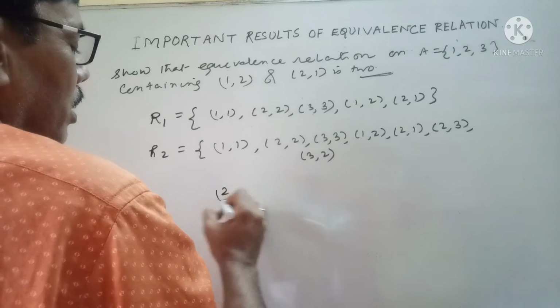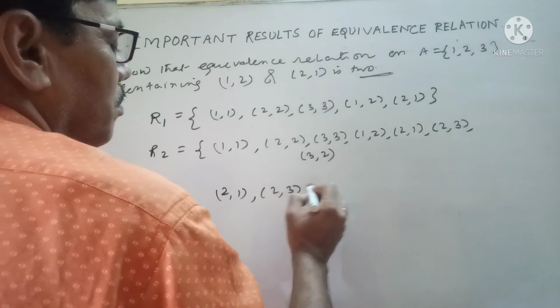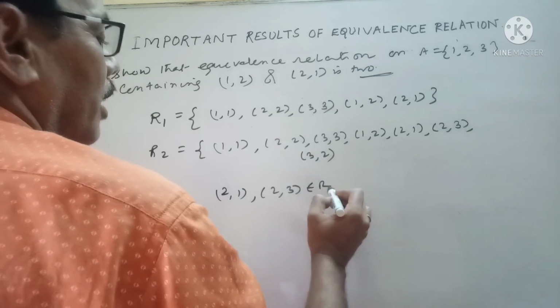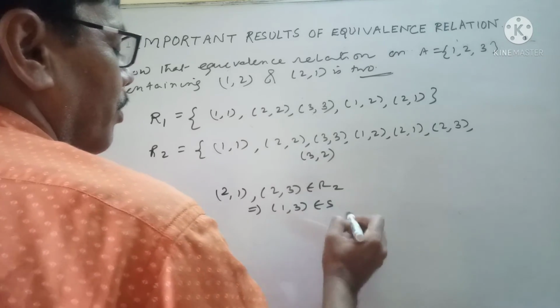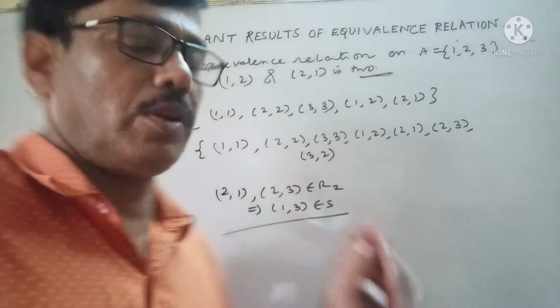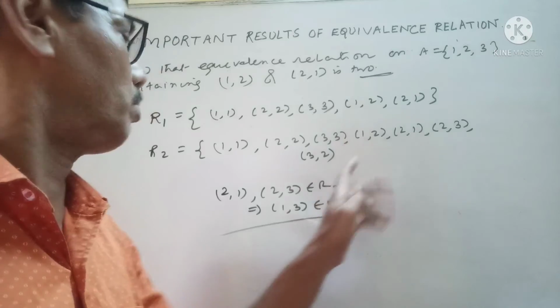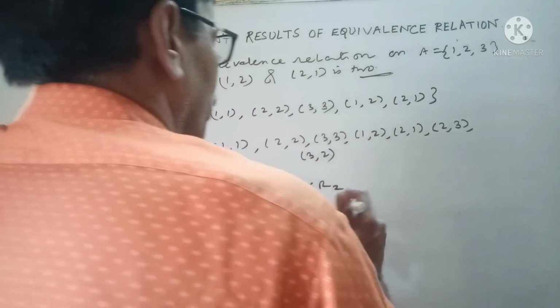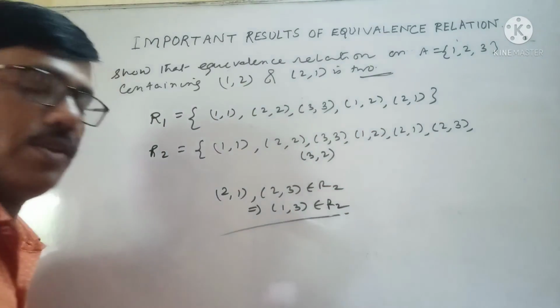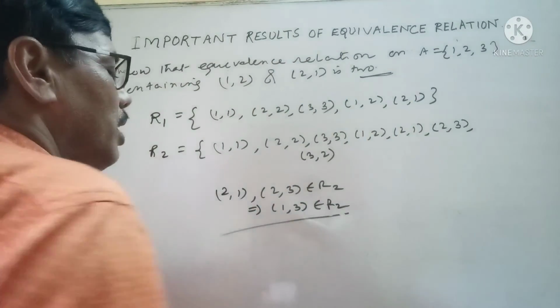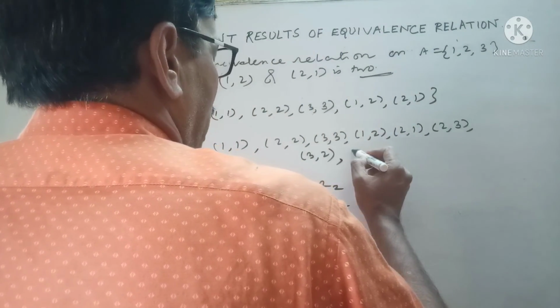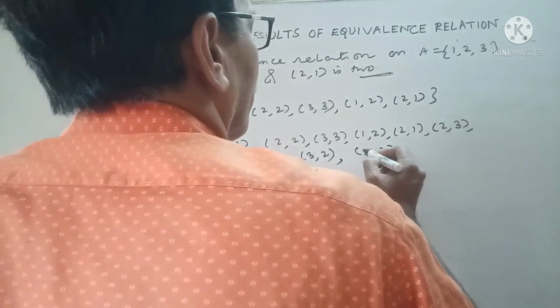(2,1) and (2,3) belong to R2, which implies (1,3) belongs to R2. So (1,3) does not belong to R2, so R2 is not an equivalence relation. To make R2 an equivalence relation, you have to add one additional pair, (1,3).